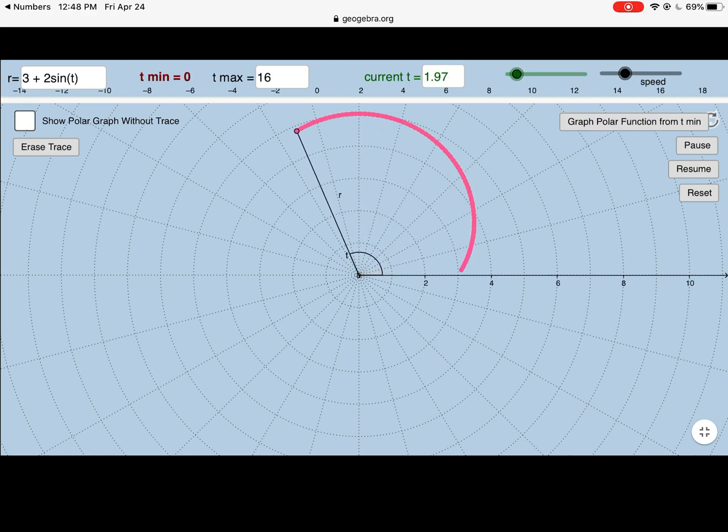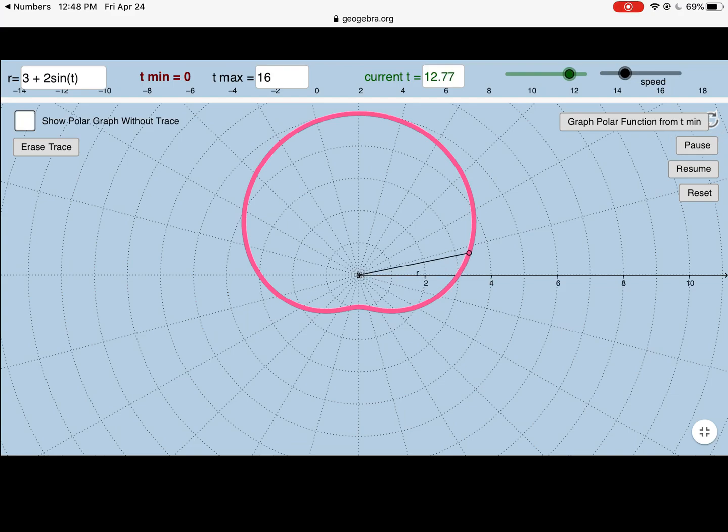And you'll see it starts off looking very similar to the cardioid. Just notice right about here, there's the little dimple. Notice it just doesn't pass through the pole, okay? All right, so that is a limaçon with no inner loop.